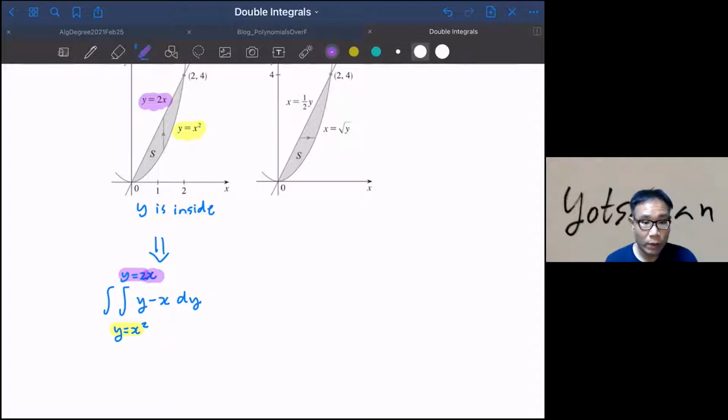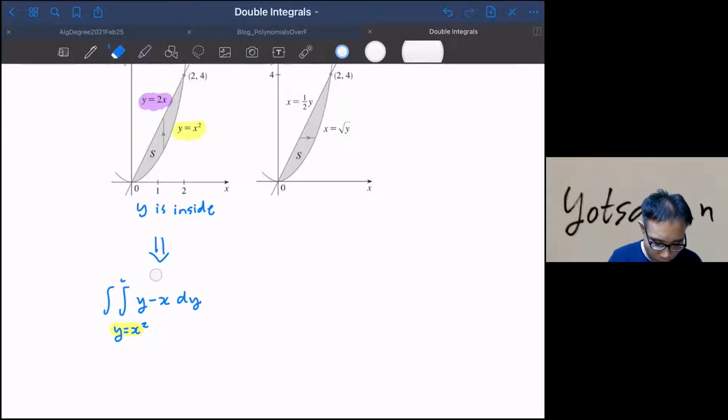Okay, so this one will be from the yellow curve to the purple curve, y equal to 2x. Okay, so that is how we set up the inside integral.